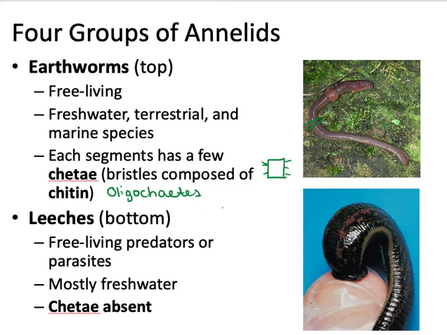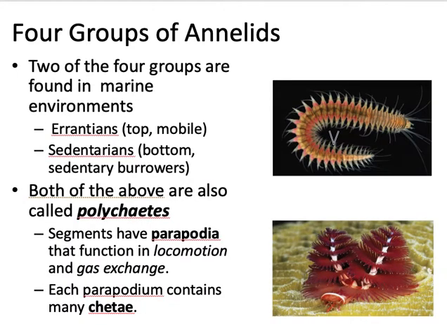Leeches have lost those chaetae, so they're really slick and shiny and smooth because they don't have those bristles. Some are free-living, but they are going to be the example of the parasitic group of annelids. Most of them are found in freshwater environments, and again, they don't have chaetae. Our marine annelids are called the polychaetes.